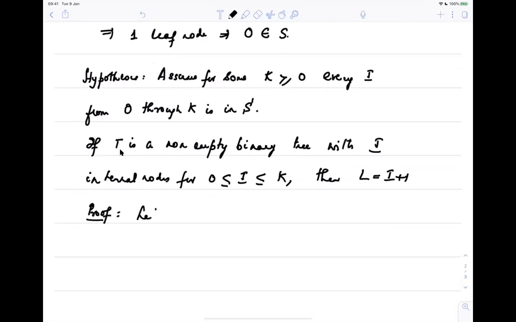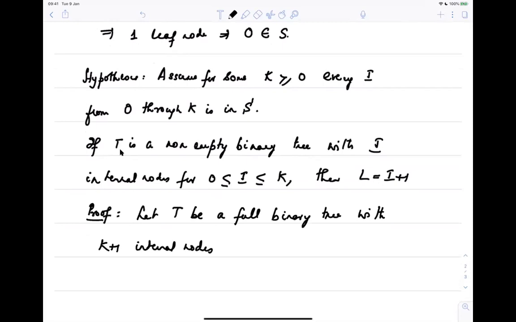So let T be a full binary tree with k plus 1 internal nodes. We're adding one extra internal node.